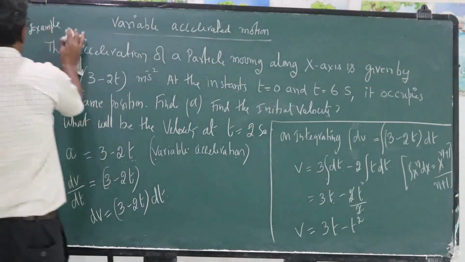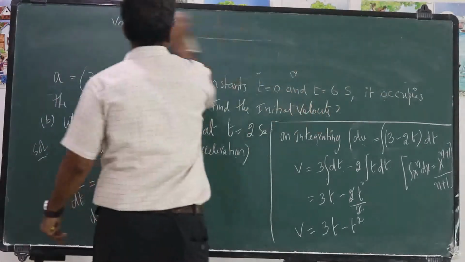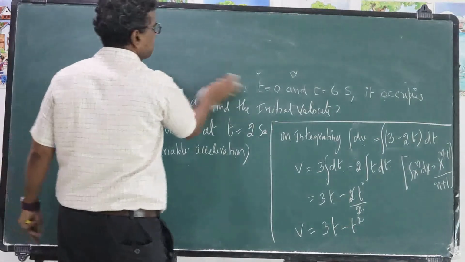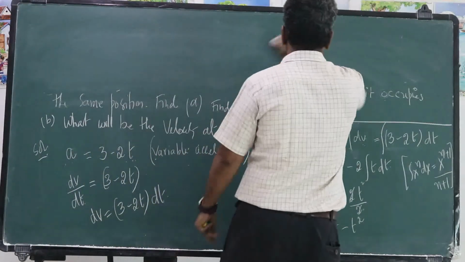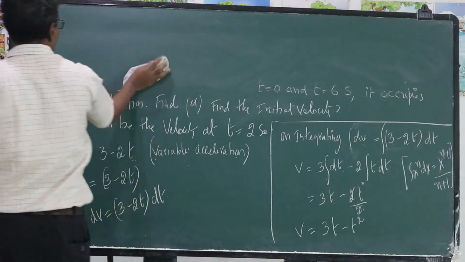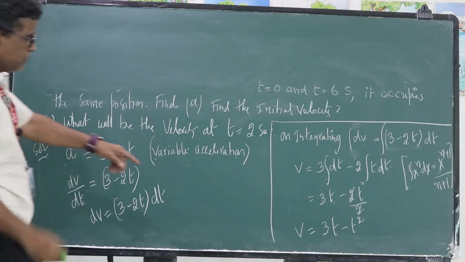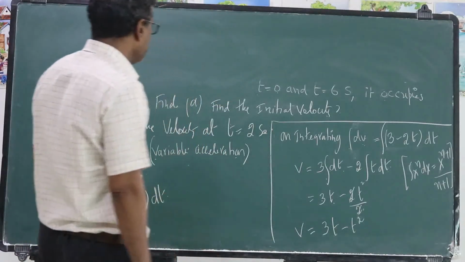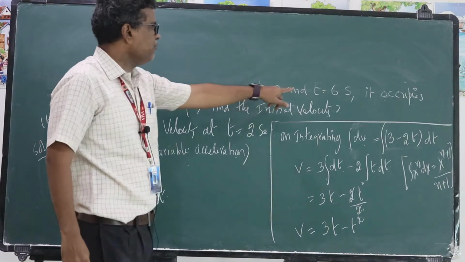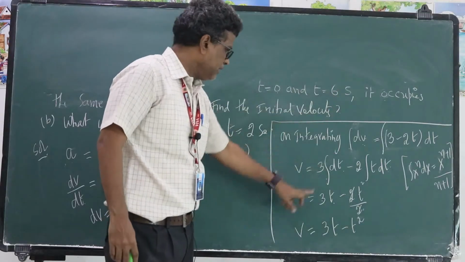So I got velocity as a function of t, and it occupies the same position at the instant t is equal to 0 and t is equal to 6.